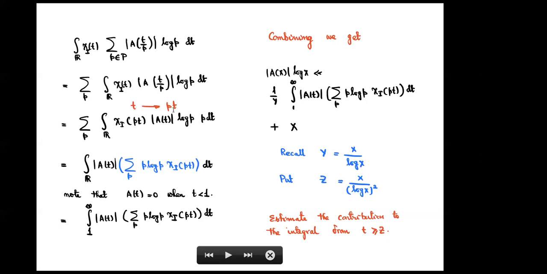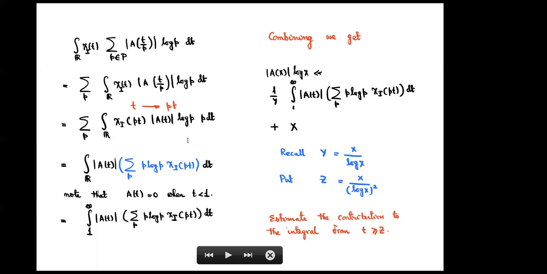So you can freely change the variable of integration. So you can make a change of variables. t goes to pt. Okay. So if you do that, you replace t with pt. So you have p here, p dt here, and your at by p gets replaced by at, and then you have a log p, which is anywhere there.